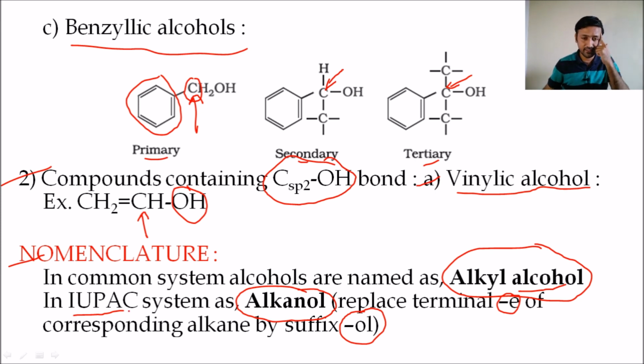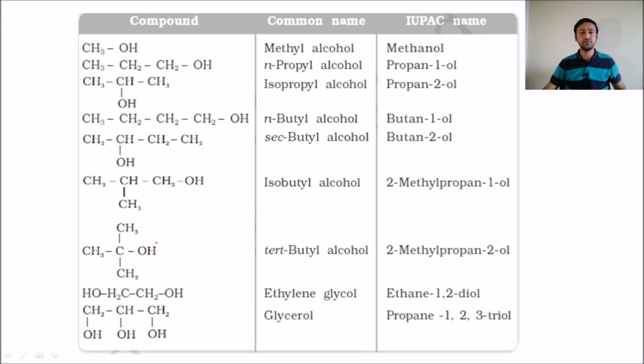Let us now take a few examples for naming alcohols. The first example is CH3OH. The alkyl group is methyl. So it should be named as alkyl alcohol; the one-carbon alkyl is methyl, followed by alcohol. So the common name is methyl alcohol.